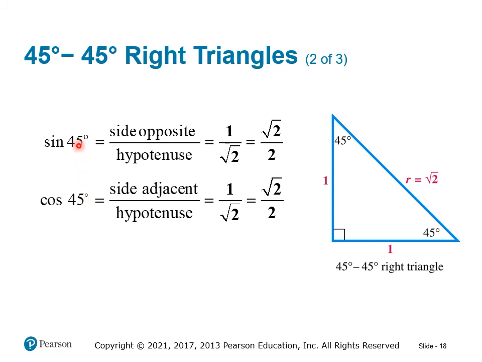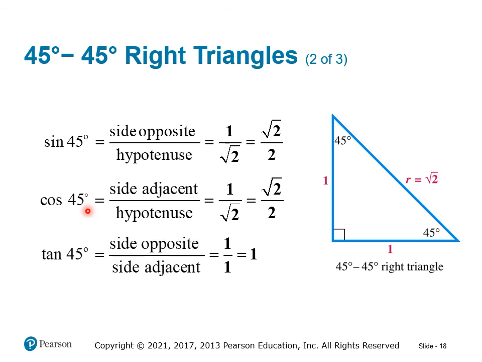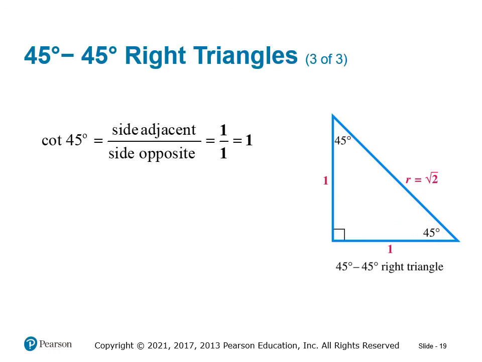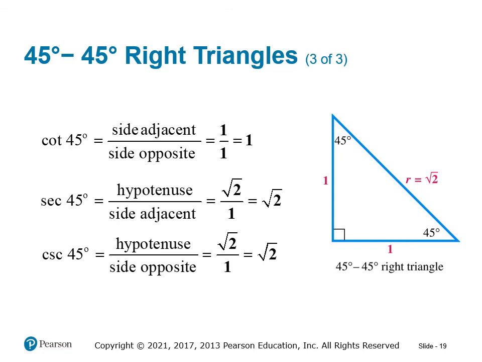Remember, the sine of an angle equals the cosine of the complementary angle. Since these are equal, 45 and 45, and they add up to 90, of course they're going to be the same value. And then, of course, tangent is opposite over adjacent, and this equals 1. All right? Again, I'm not going to go through the reciprocal values. You can look at those yourself.